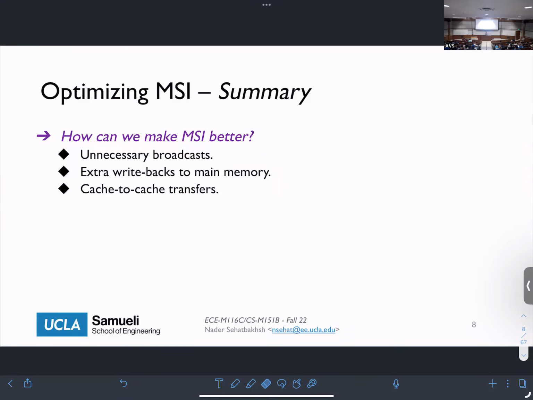We introduce cache-to-cache transfer with forwarding and owner. So we do these things in order to improve our performance in all these cases. Of course, the trade-off is that as you add more of these states, keeping track of more states becomes more complicated. But on the other hand, you get lots of performance benefits out of this.